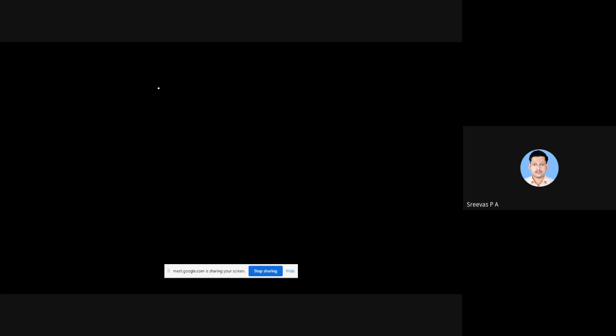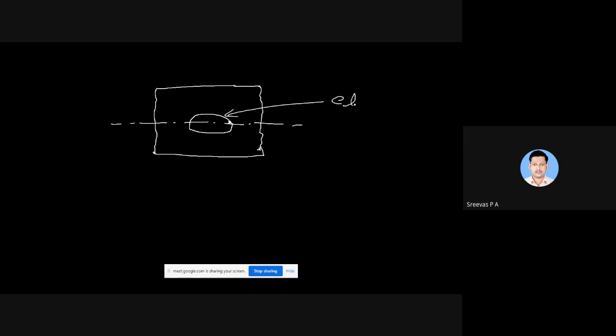We have some equations. So this is a machine element and let this be the axis. Let it be an ellipse. Okay, it is an ellipse. So an ellipse has two axes, right?